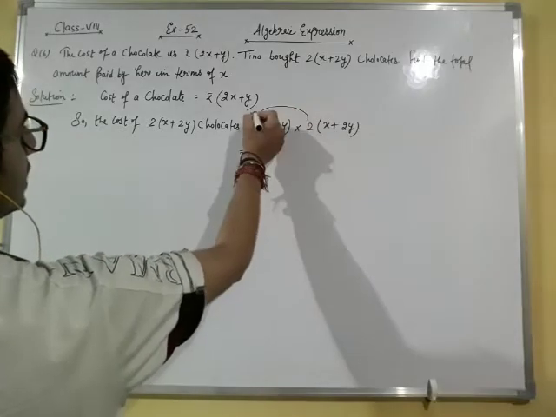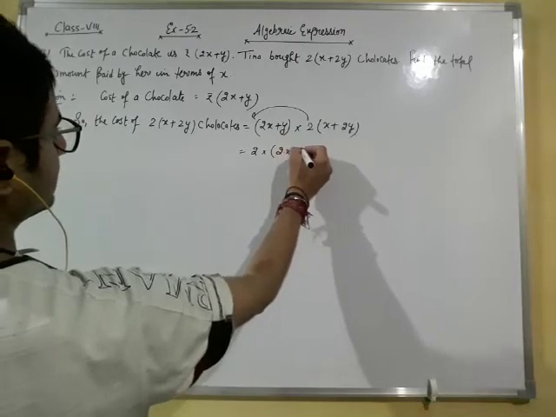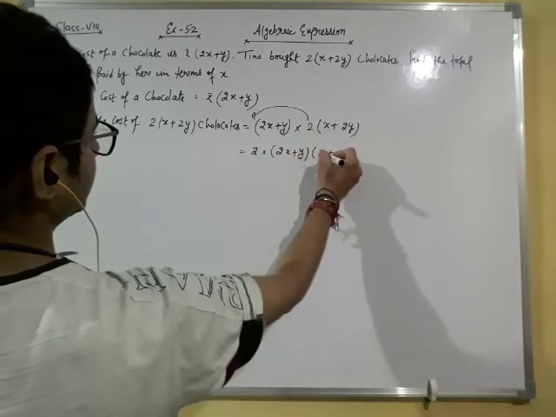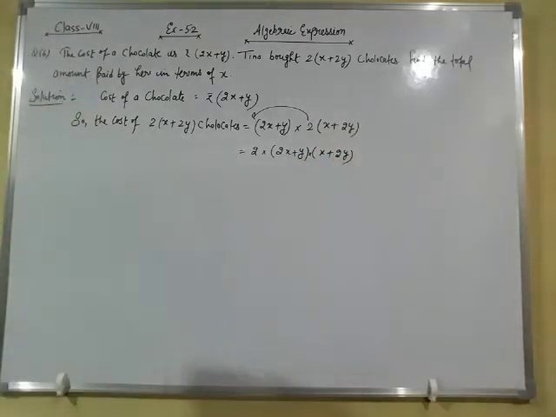Take this 2 here, 2 multiply, and then write 2x plus y and x plus 2y. The sign of operation between them will be multiplication.